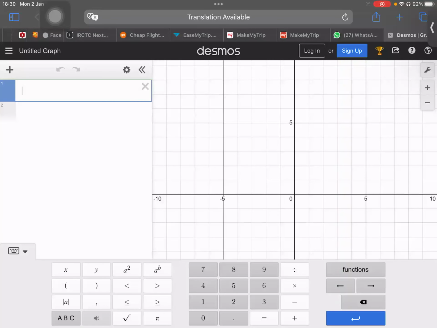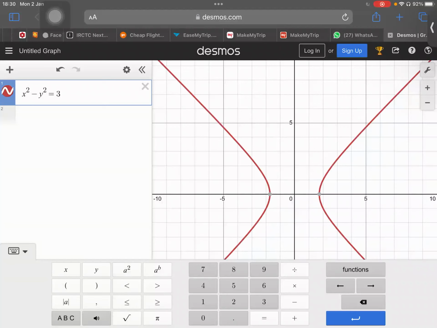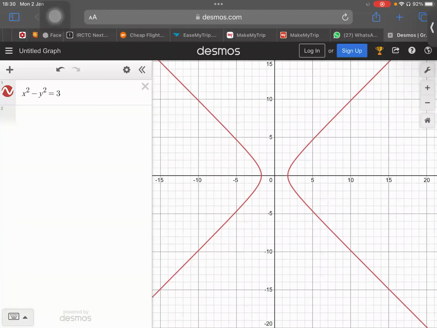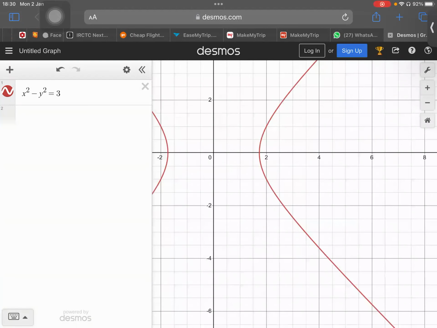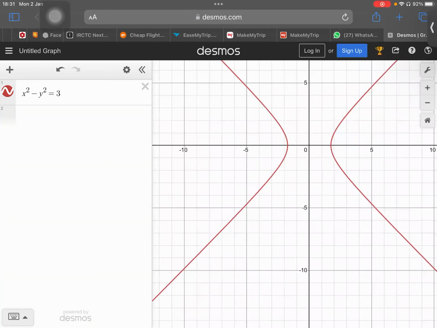Okay, so what's the equation? x square minus y square is equal to some value, let's say 3. So these are called equilateral hyperbolas. Okay, got it? It depends upon what values you put. The bending of the curve will depend upon the value of the constant.